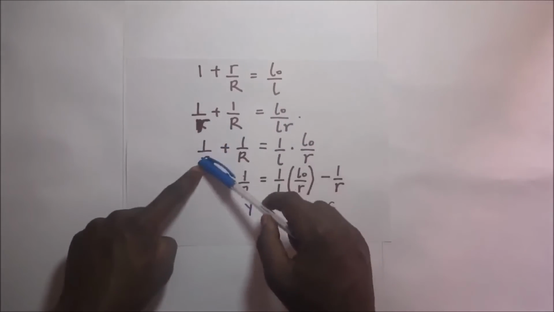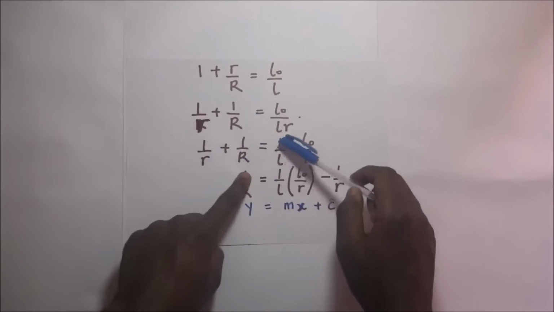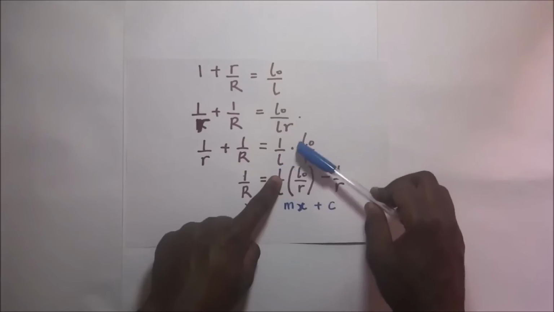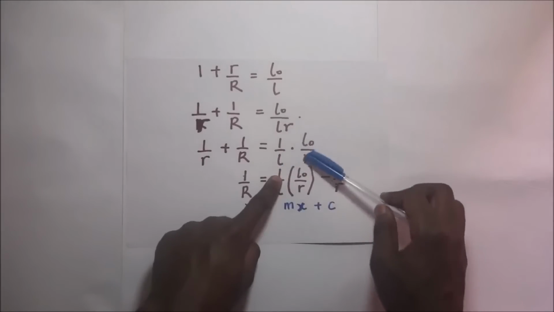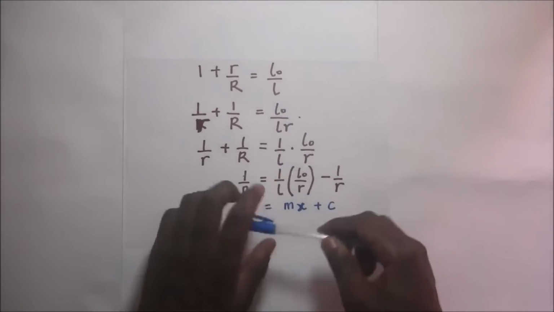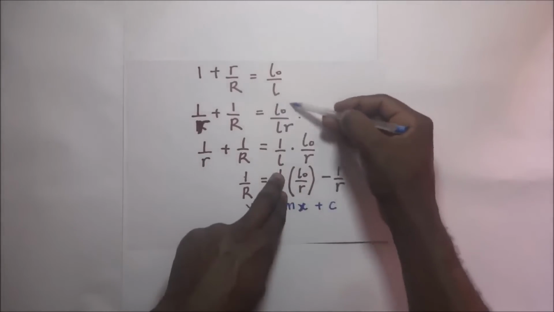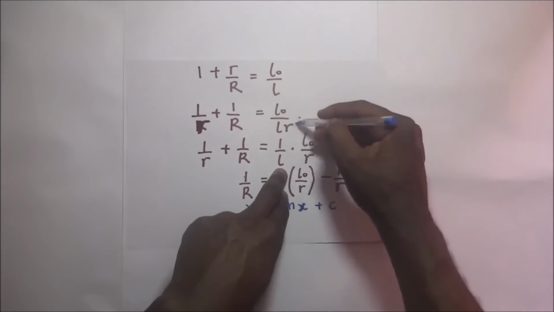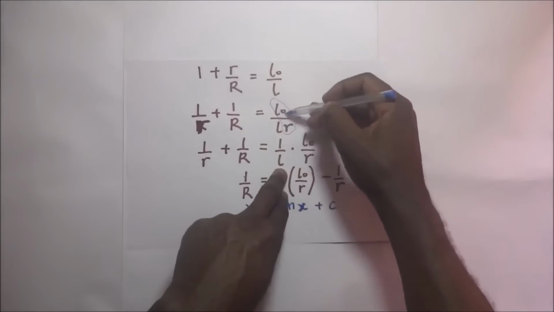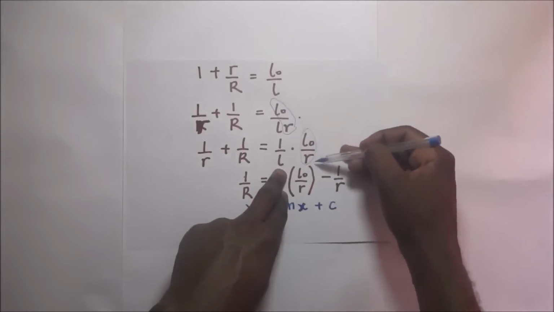So this becomes 1 over small r plus 1 over capital R is equal to 1 over L times L naught over R. We simply separated this expression into 1 over L, and we put this expression on its own, L naught over R, like that.